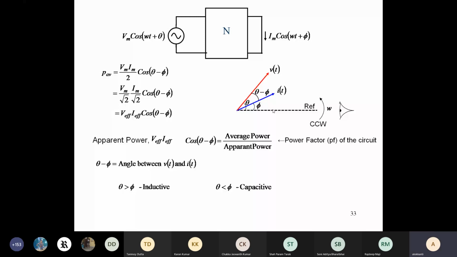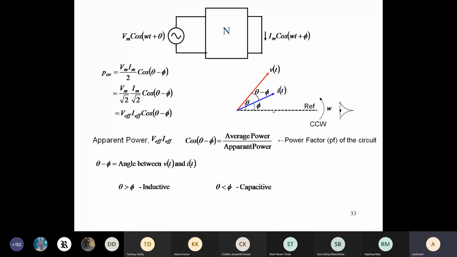So if the power factor is given, to get the angle between the voltage and current phasors you have to take the cos inverse. Then, depending on whether it is given as leading or lagging, you place the phasors.